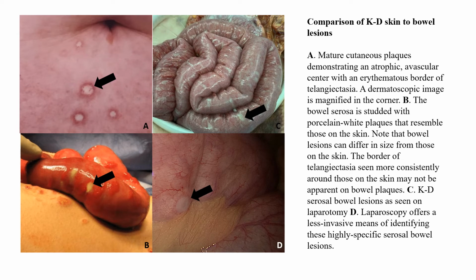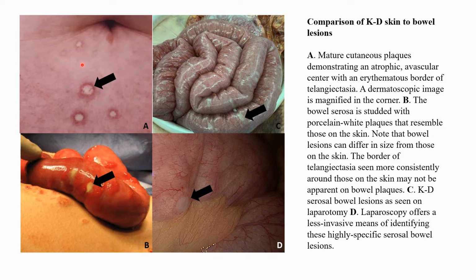Here we will go through several images that demonstrate what KD lesions look like on the skin and the bowel. To start, in the top left corner, you can see what the classic cutaneous KD lesions appear as. Note that there is the central porcelain region surrounded by a rim of erythema.